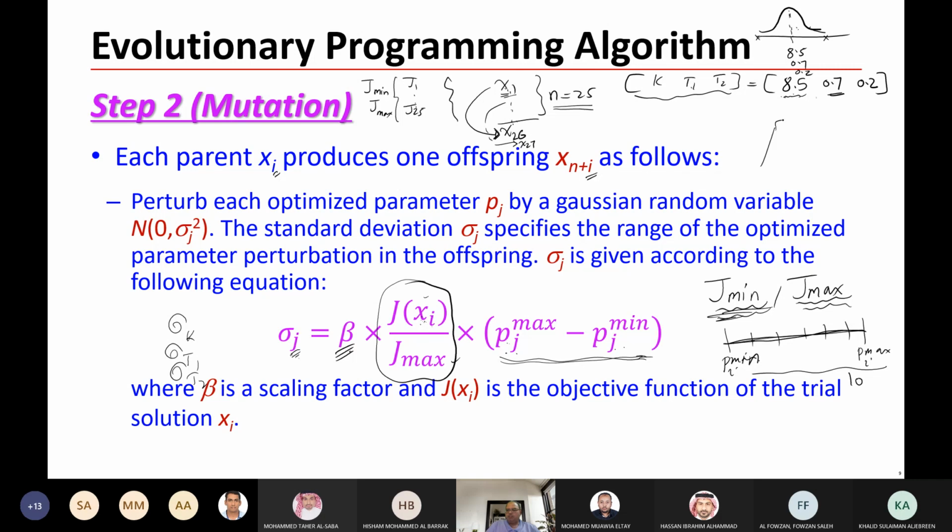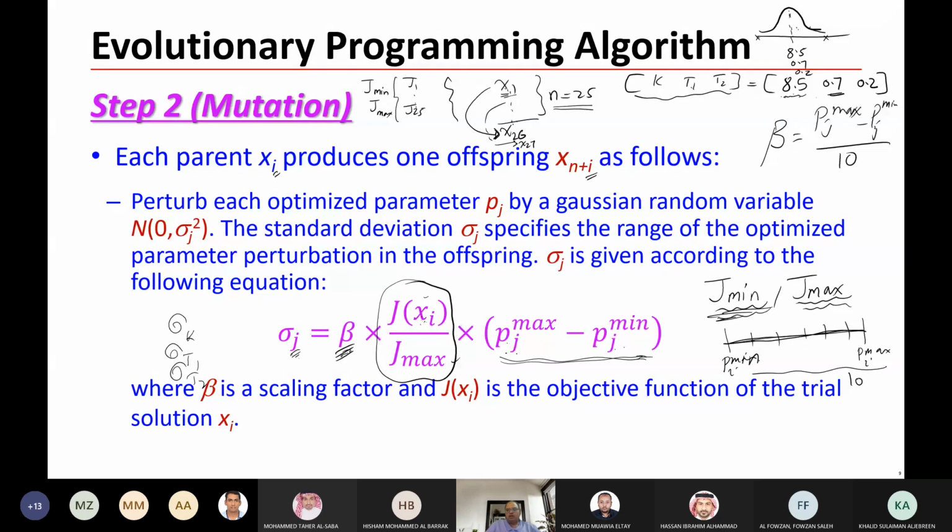You can say beta equal to B J max minus B J minimum over 10. What does it mean? If this is the maximum, if this is the worst solution, so J equal to J max, so this becomes 1. And if you have this equal to 0.1 of this value, so sigma will be 0.1 times this.